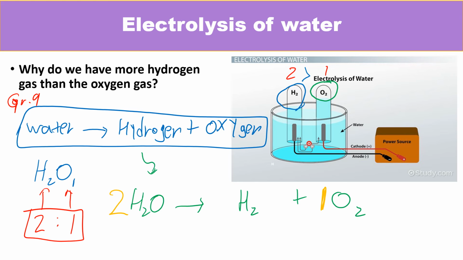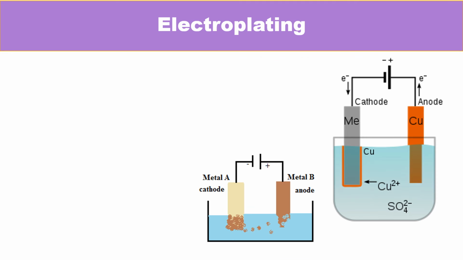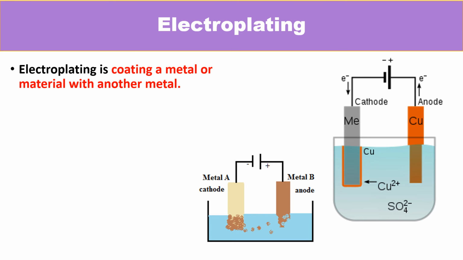That's good. But now hydrogen is affected. 2 times 2 is 4. So I need to put 2 in front of hydrogen so that the ratio is 2:1. And this is the grade 10 way of explaining why, if I separate water into its elements, hydrogen and oxygen have different ratio, 2:1.